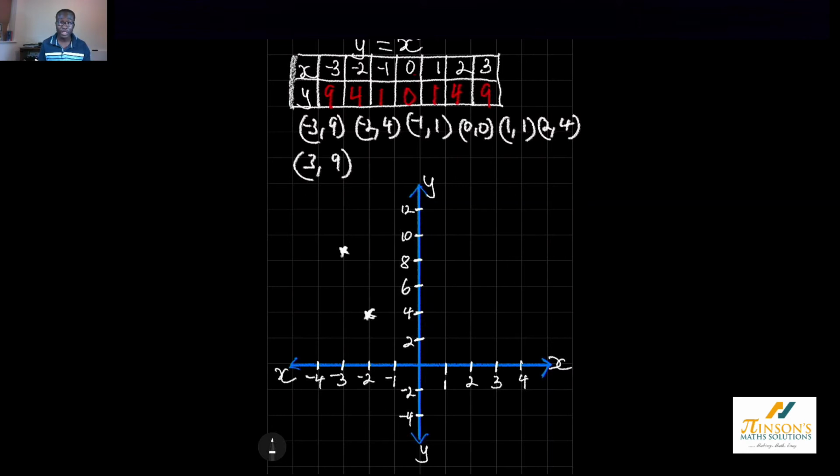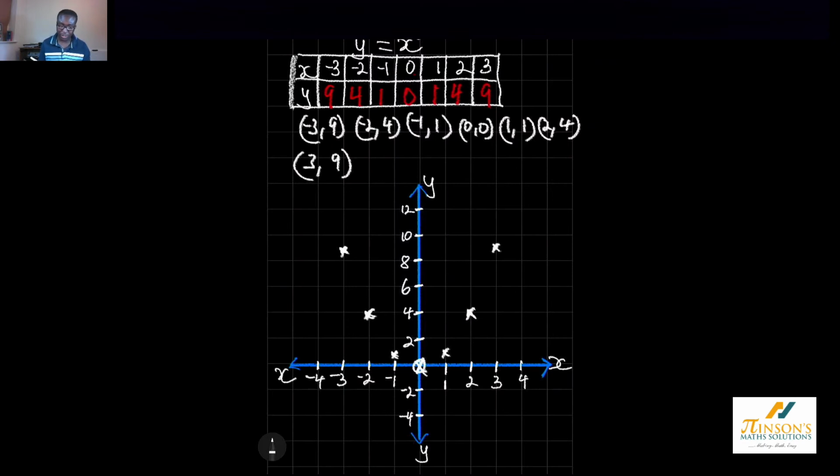The next one is -1 along the corridor and 1 up the stairs, so we plot it there. That's in between 0 and 1, and 0 is there, so that will be our 0, 0. Then we've got 1 along the corridor and 1 up the stairs. Then 2 along the corridor, 4 up the stairs. We've got 3 along the corridor and 9 up the stairs, which is our last coordinate.